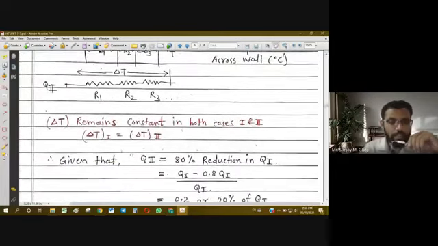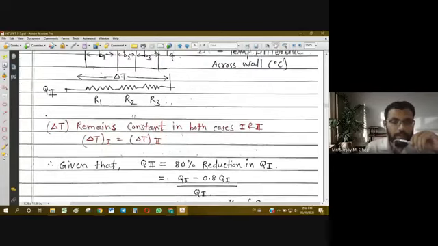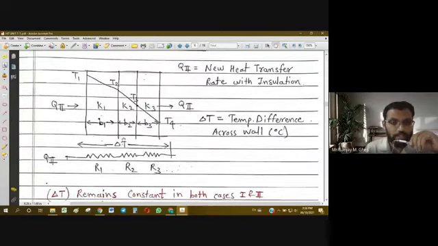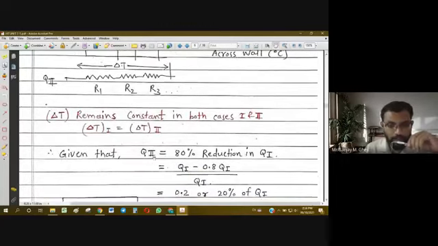Now, one more piece of information is given, that heat transfer rate after application of insulation will reduce by 80%. So we can easily find the relation between heat transfer rate with insulation and without insulation. There will be 80% reduction in heat transfer rate compared to without insulation.